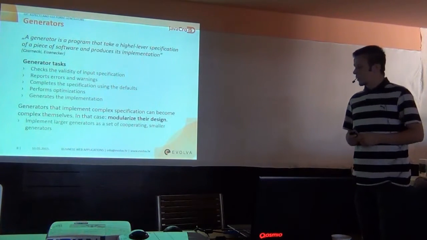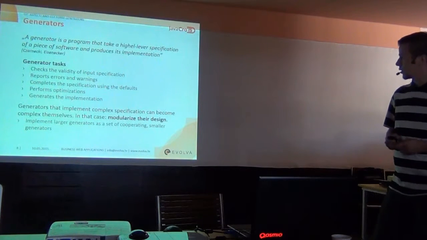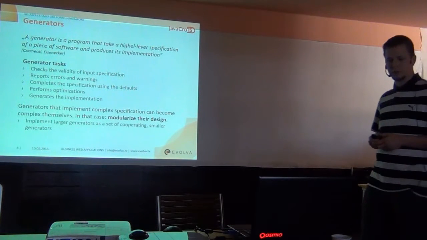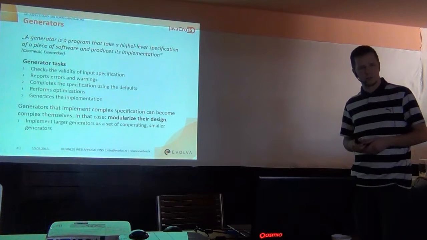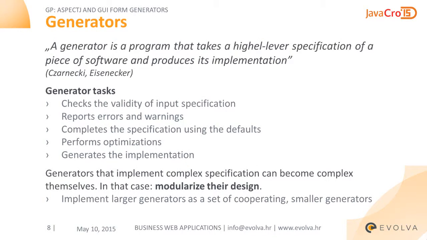So now we're going to talk about generators, really shortly. The definition of a generator would be that it is a program that takes some kind of specification and generates a piece of software from it. The generator takes the specification and it should check its validity. It should also warn the user if there are any kind of errors and warnings.